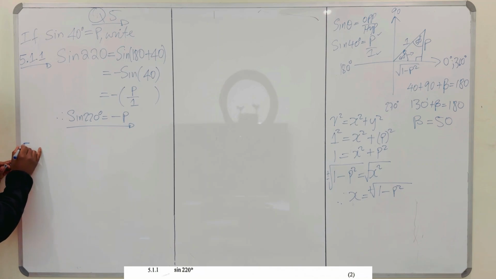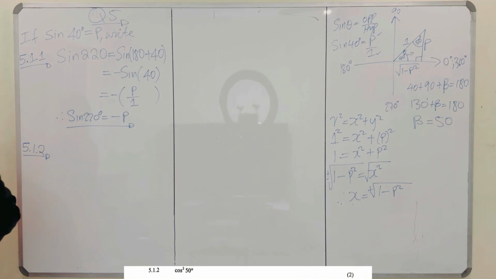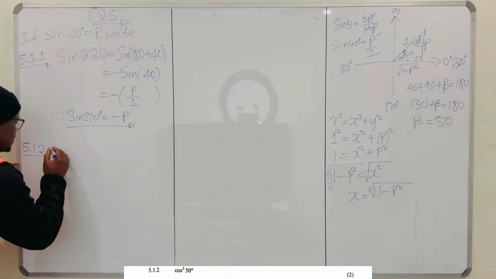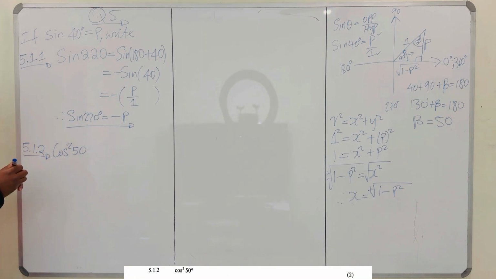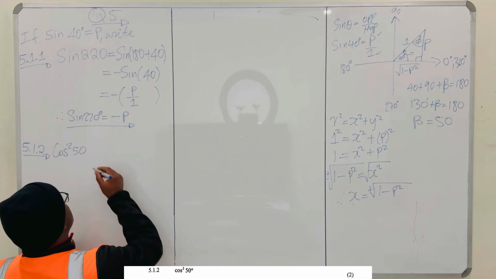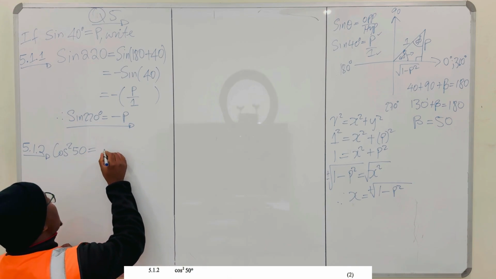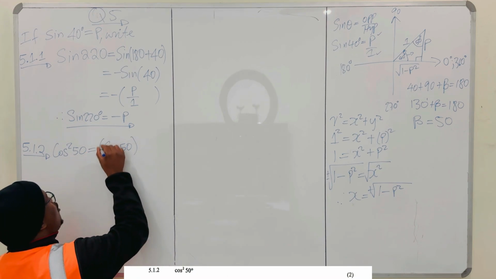We move to the next one, which is 5.1.2. So what do they want you to write? They want you to write cos squared 50 degrees in terms of p as well. No problem. Cos squared of 50 is the same thing as cos of 50 degrees all squared.